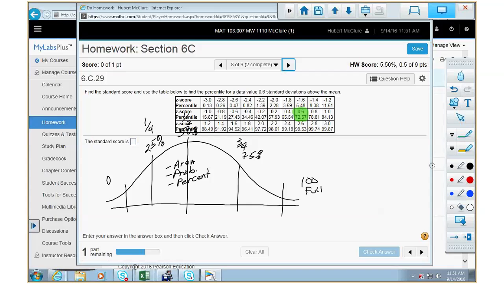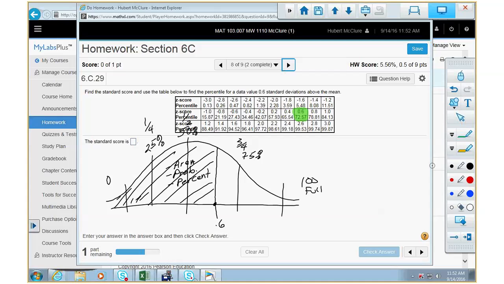So this question is asking me how much area is under a z-score of 0.6. And 0.6 is right in here. So they're wanting to know what is the area up to 0.6. That's what they're wanting to know.